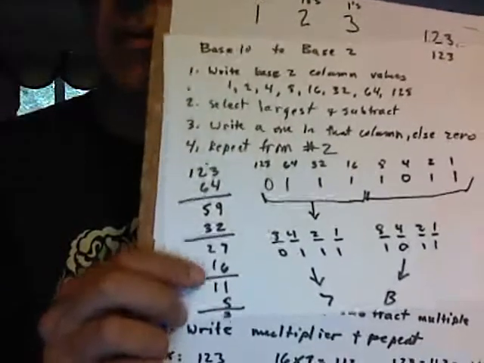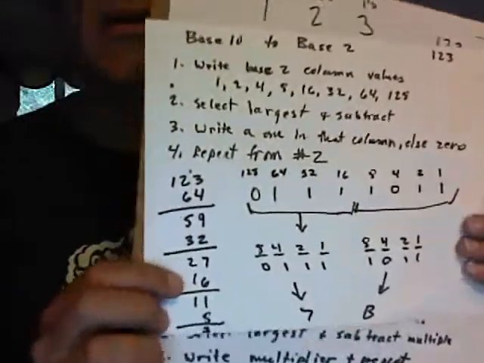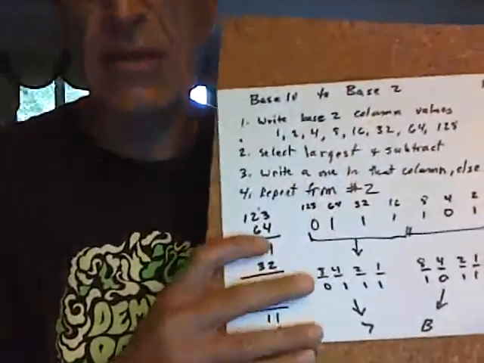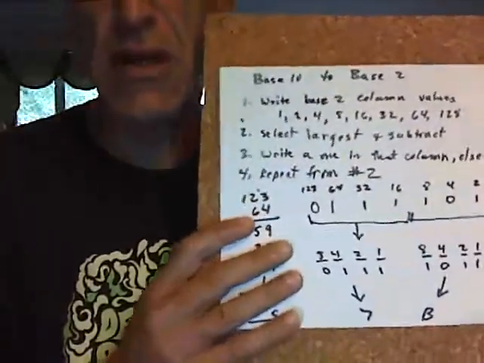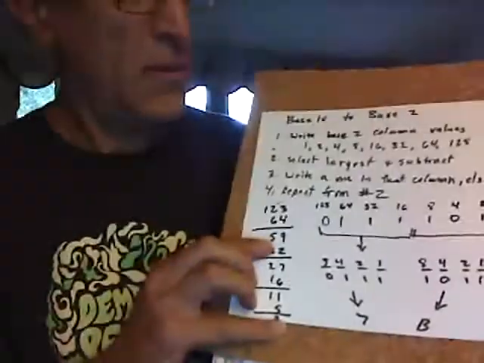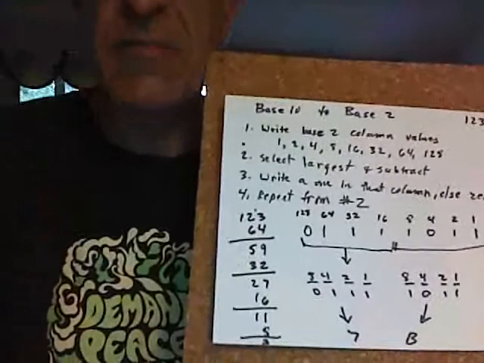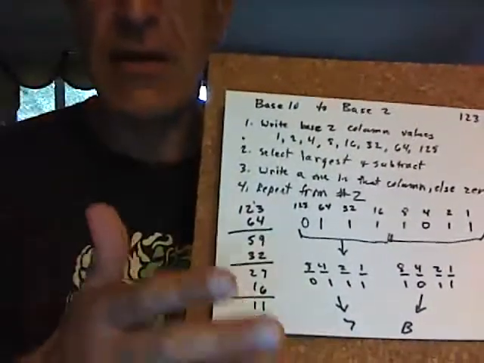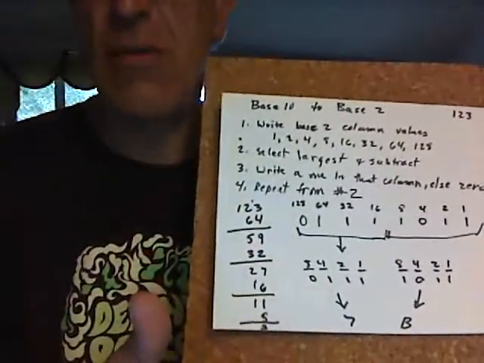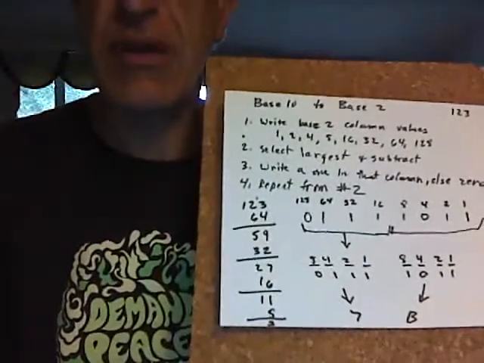So you can see clearly that base 2 and base 16 are greatly related. Essentially it's this. Decimal numbers are used by humans, and binary numbers are used by computers.